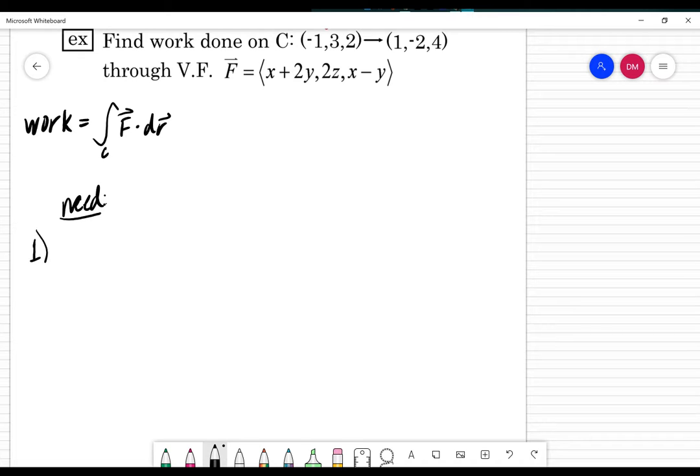The first one being f, that we are going to write as a function of r of t, so that essentially we have just that independent variable. And then given that we know r, we would need r prime, because that is finding dr. Okay, so that's our ultimate goal. So finding r of t first.